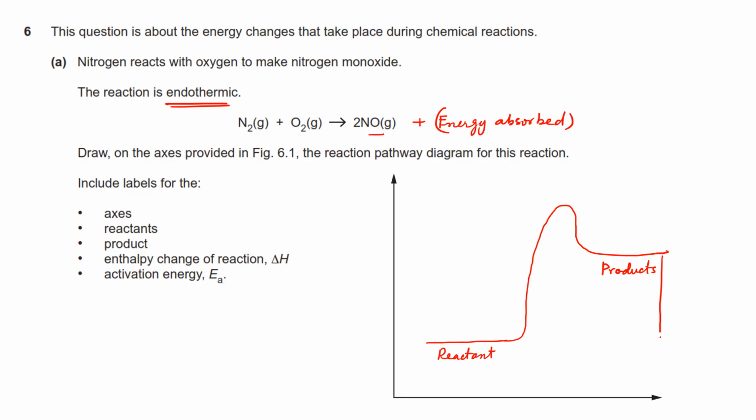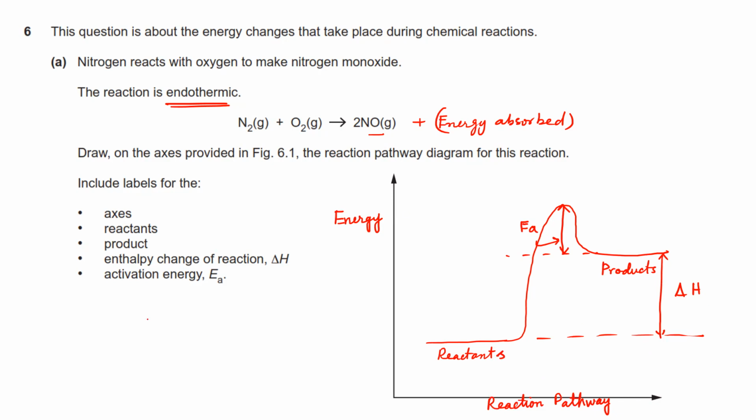The difference between reactants and the products is your change in enthalpy. The activation energy, EA, is the energy that is required. On the axis, this is your energy, and this is the reaction pathway. This is how you label this diagram. So reactants come here, products come here.